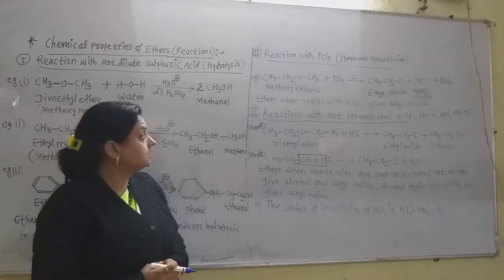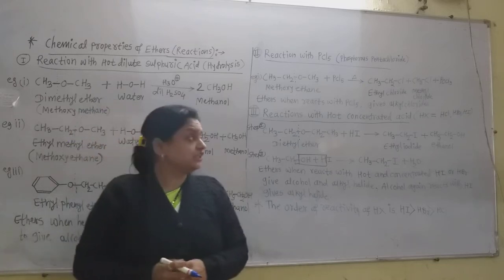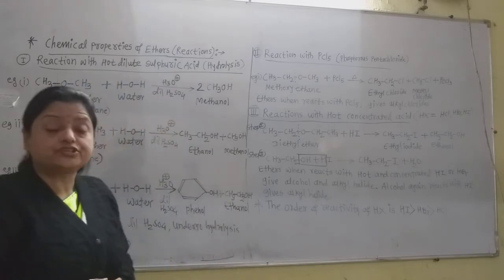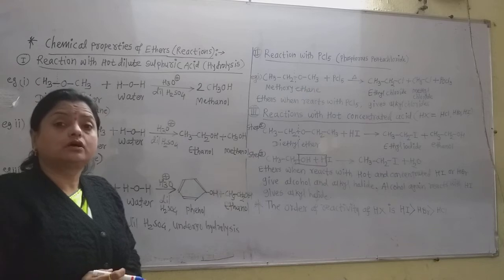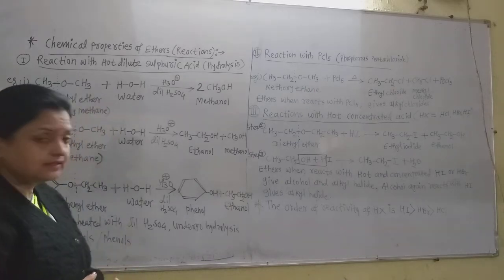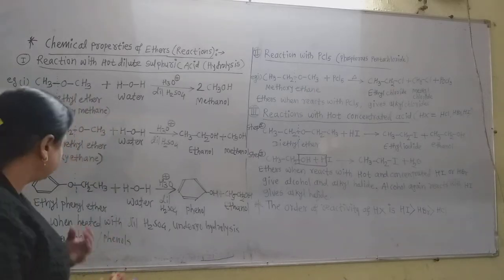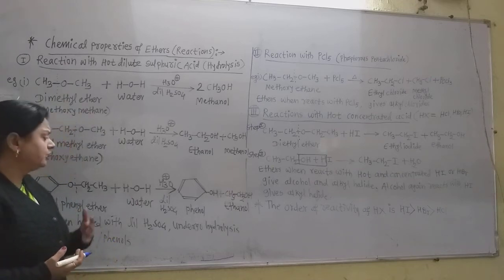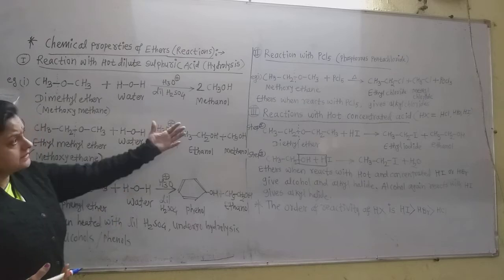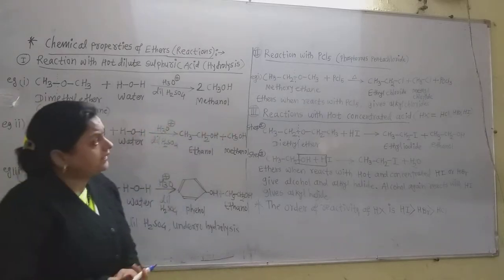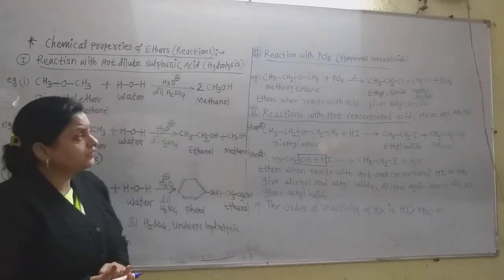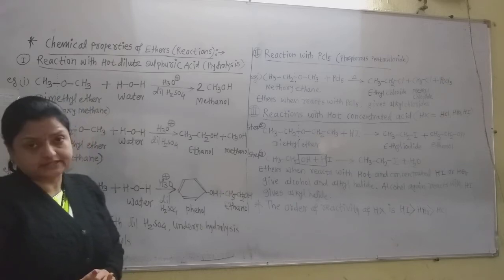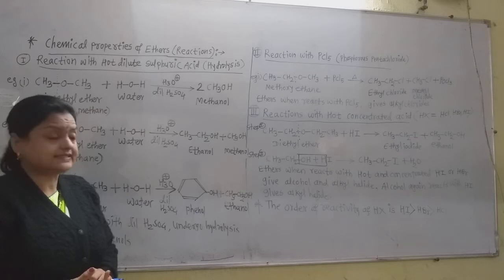Now these are the chemical reactions of ethers. The first one is the reaction with hot and dilute H2SO4, sulfuric acid, which is called the hydrolysis reaction. The second reaction is with phosphorus pentachloride, and the third reaction is with hot and concentrated hydrohalic acids.